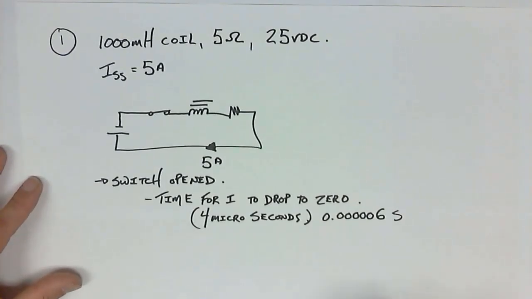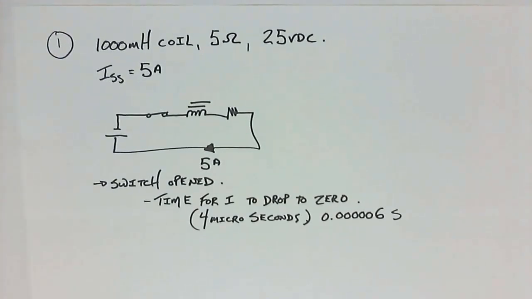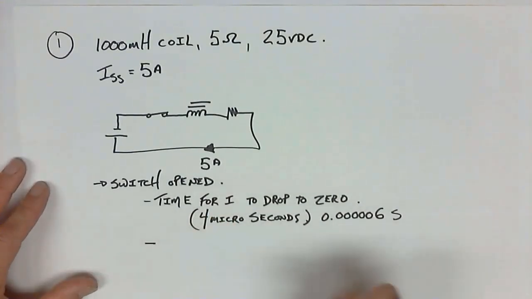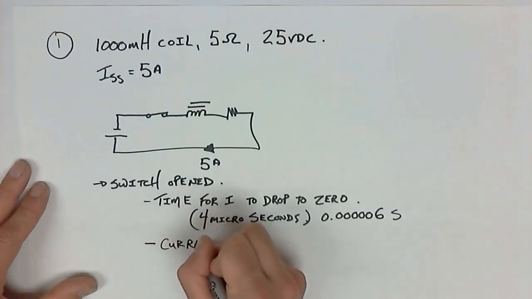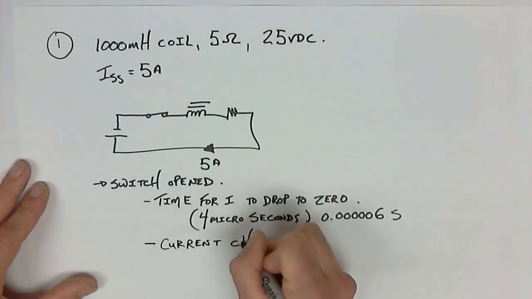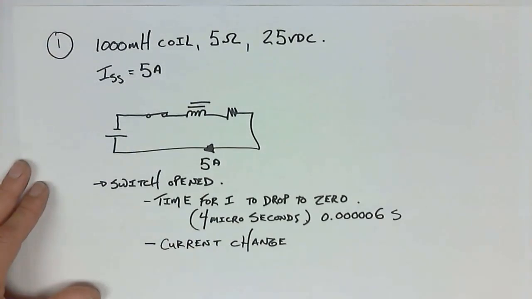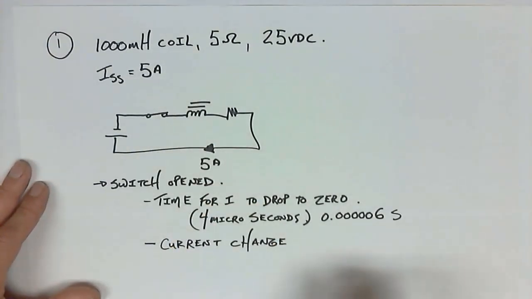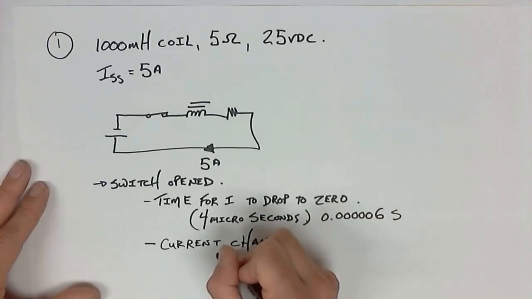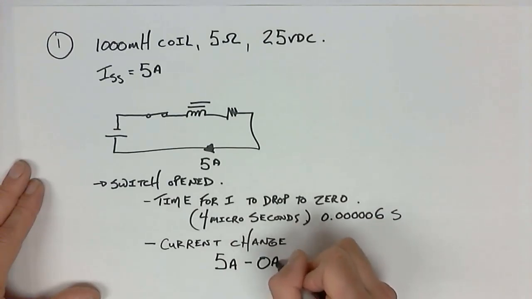Now, the other thing that we need to be aware of is what the current is going to be. What is it starting at, and what is it dropping to? So the current change for this particular scenario, because it's a switch, and we know it's going to break the circuit entirely, is from an original current of 5 amps to 0 amps.